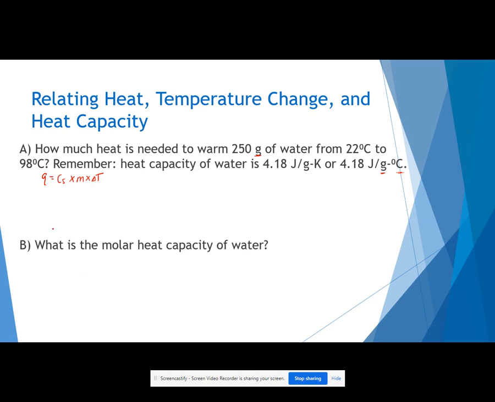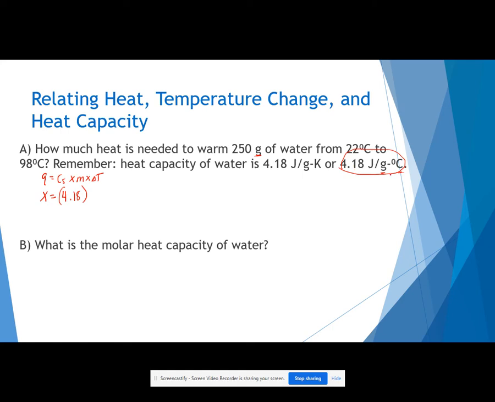And we can go ahead and plug in what we know. We're trying to solve for heat, so we can put X in for that. Heat capacity or specific heat is the C s, and it's telling us right here that the specific heat of water is 4.18. Then we have our mass.